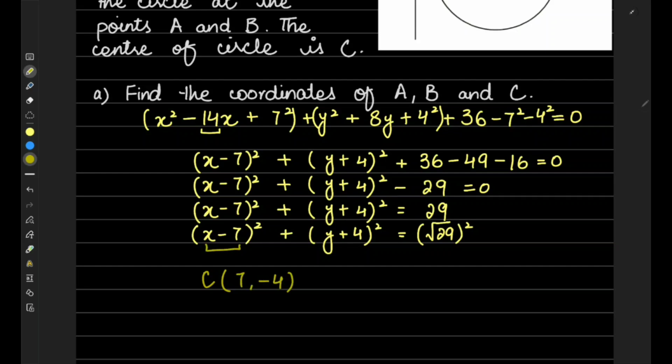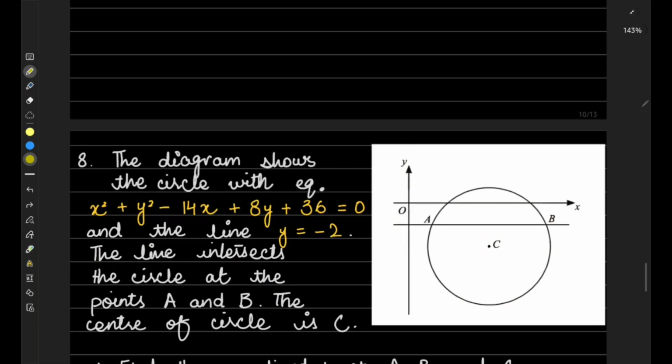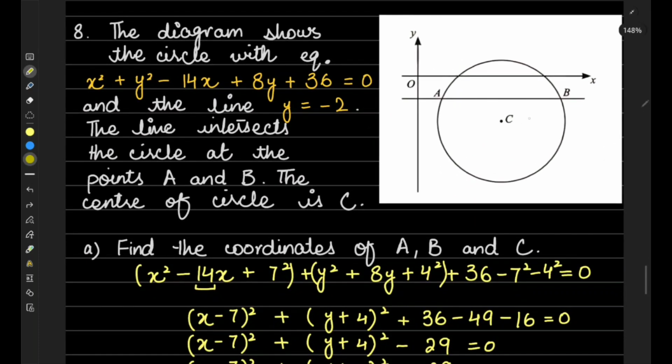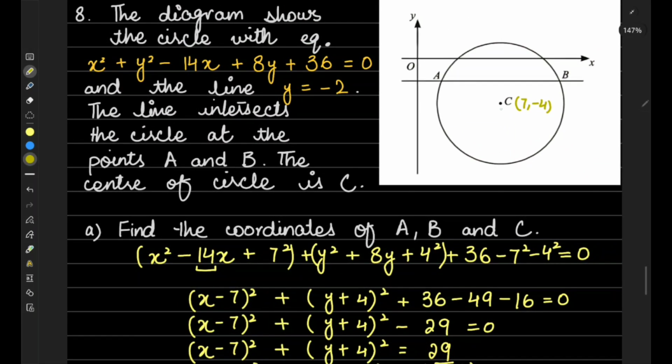Putting this equal to 0 gives you the x coordinate of the center, and putting this equal to 0 gives you the y coordinate of the center. So this is 7, minus 4. Let's represent this also on your diagram. And the radius is root 29.